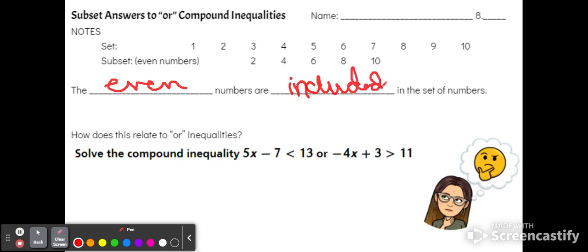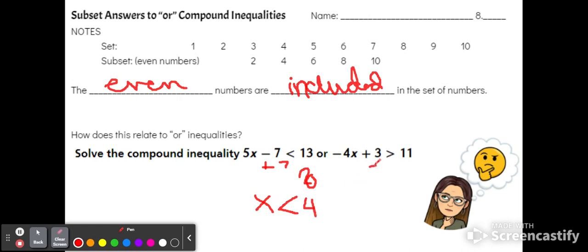Okay, now how does this relate to inequalities? So you can solve each of these, and this is an OR inequality. I'm going to add 7, get 20, divide by 5, and we're going to end up with x is less than 4. I didn't do all the math, but you can see it.